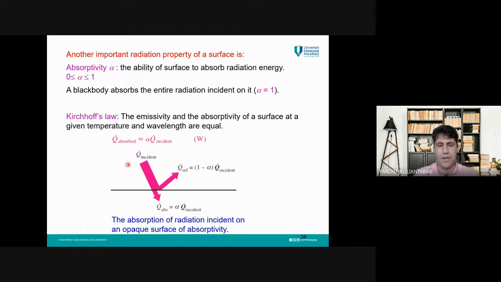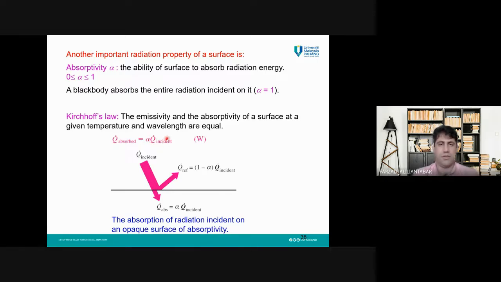So to calculate the amount of energy which is absorbed by the surface, we can use this equation, or Kirchhoff's law, which says the emissivity and absorptivity of a surface at a given temperature and wavelength are equal. Q dot absorbed, the amount of radiation energy absorbed by the surface, is equal to alpha times Q dot incident.